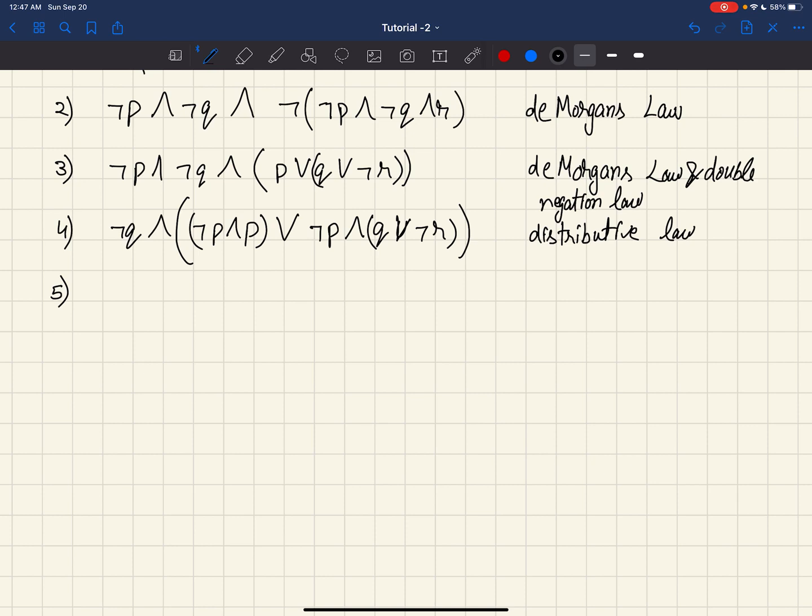The next step here is that since it's P and not P, this is a contradiction, it will give you a fallacy. So it's not Q and, fallacy or not P, Q or not R. So this would be a contradiction here.